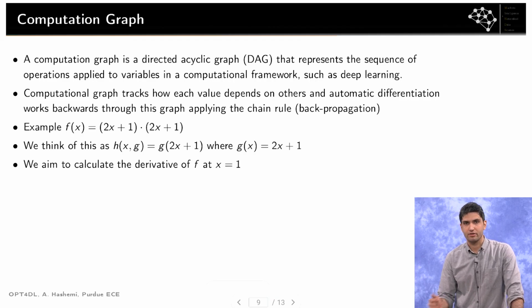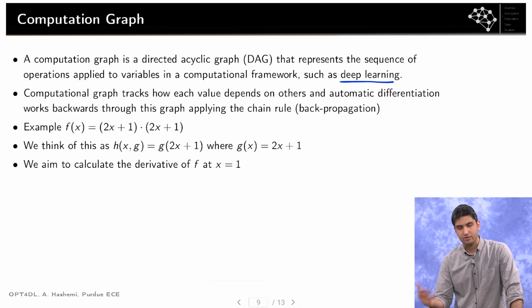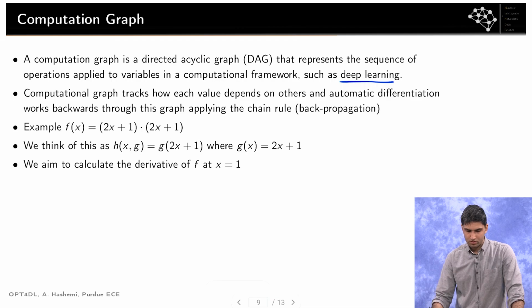The operations, in this case, are these products, and our variables are the pre-activation, post-activation, etc. This is an idea that transcends the concept of deep learning and is pertinent in various computational frameworks. But we're going to talk about this in terms of calculating the derivative, which is what we need when we want to update the weights of a deep learning model.